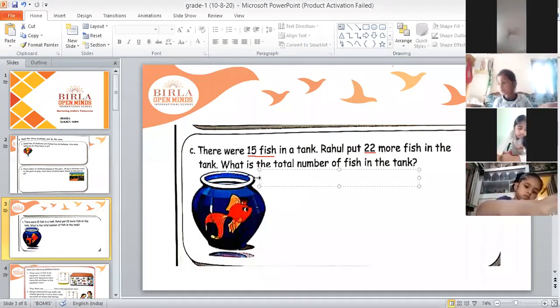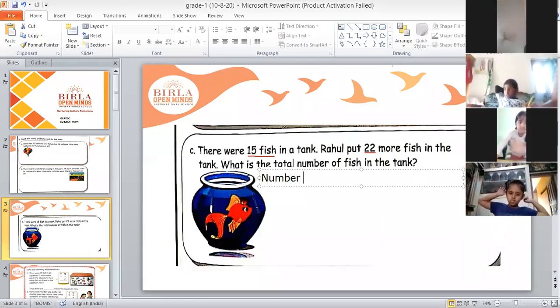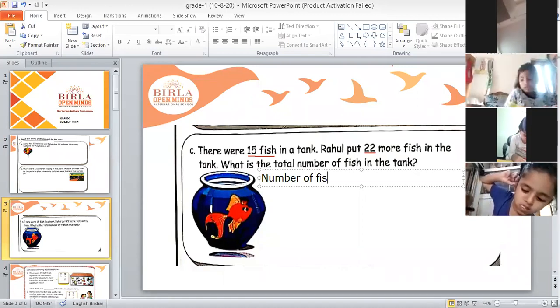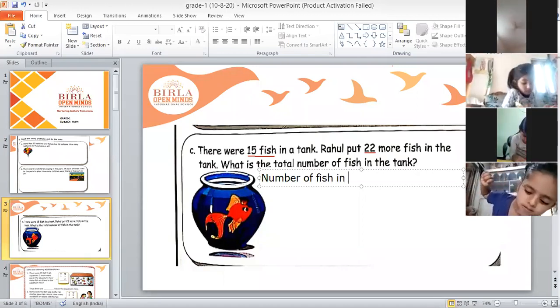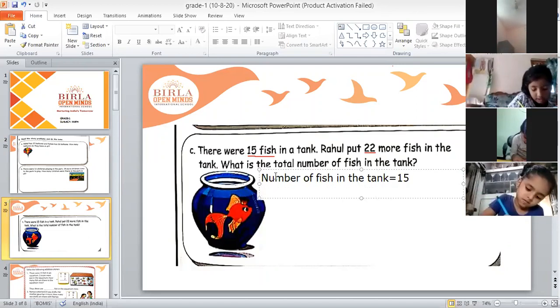So we'll start writing the first statement now. You also start writing. Number of fish in the tank equal to how many? 15. Number of fish in the tank equal to 15.